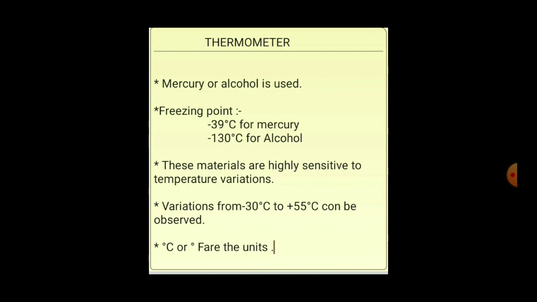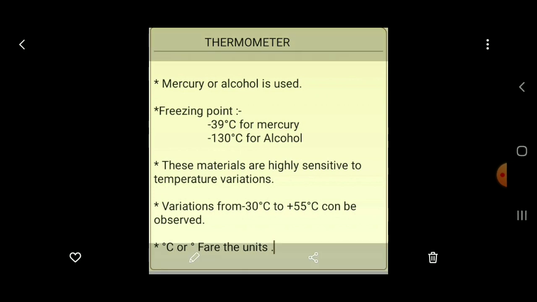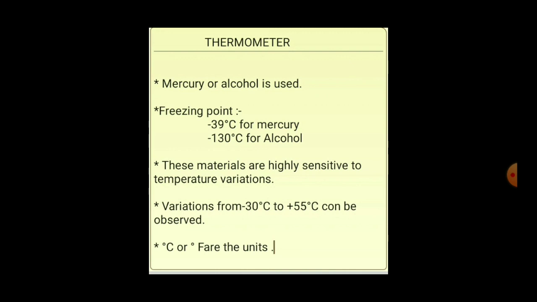So as these materials are highly sensitive, with a little increase or decrease in temperature, they will show a fall or rise in the column of the tube of the thermometer.